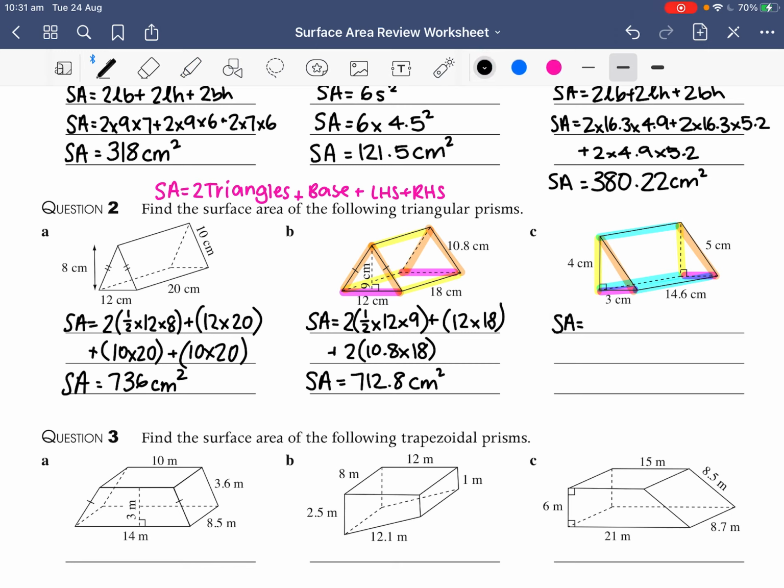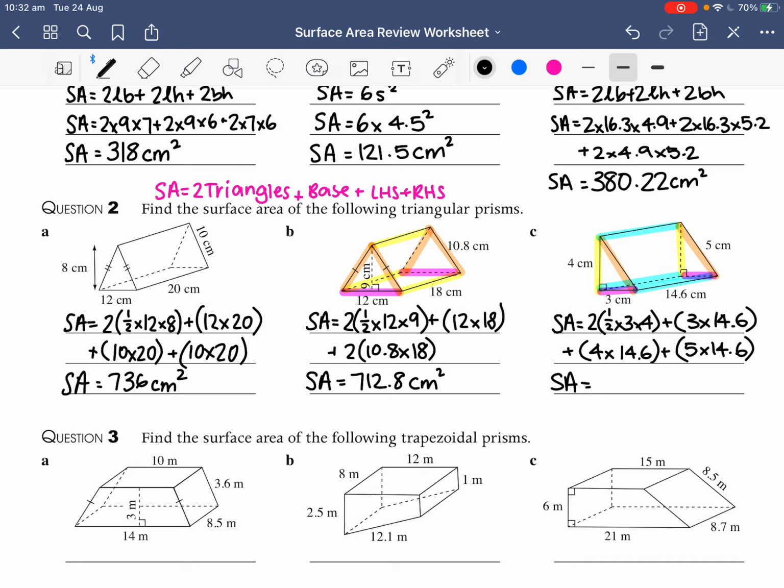So our surface area equals 2 lots of the triangle, so 2 lots of a half times our base of 3 times our height of 4, plus our base of our triangular prism, which is our rectangle, which is 3 times 14.6, plus our left-hand side, our yellow and blue rectangle, which is 4 times 14.6, plus our right-hand side, this rectangle here, and that is 5 times 14.6.